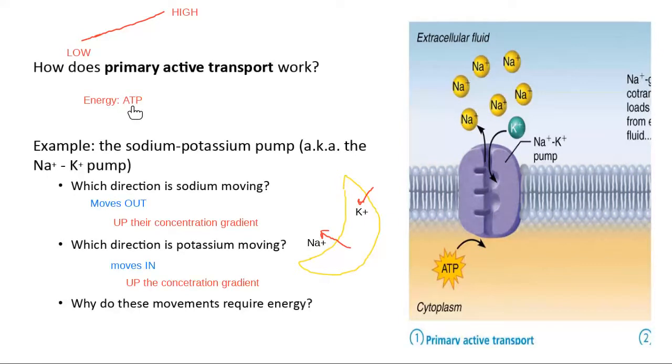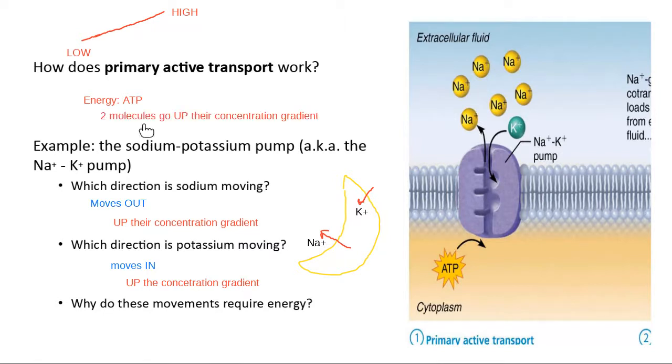Remember how we talked about ATP being my energy money in the cell? I use a molecule of ATP. I steal the energy out of it to move sodium out of the cell and to move potassium into the cell. In primary active transport, here's another note for us to make: two molecules go up their concentration gradient.